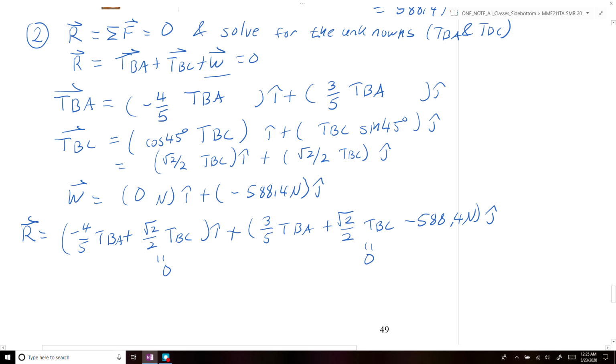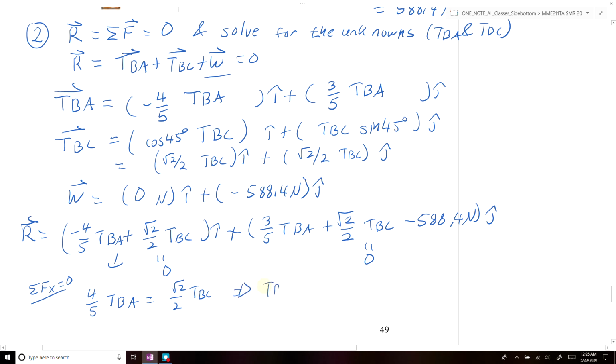If we do the forces in the x and set that equal to 0, that's the left term here, we end up getting 4/5 TBA is equal to radical 2 over 2 TBC. So we can solve for TBA in terms of TBC.